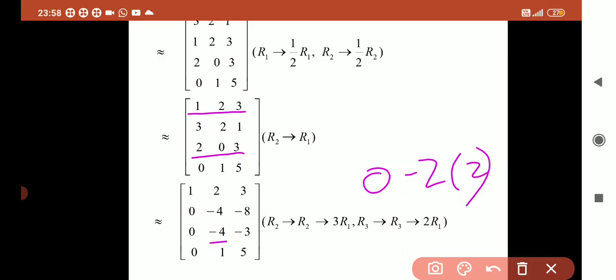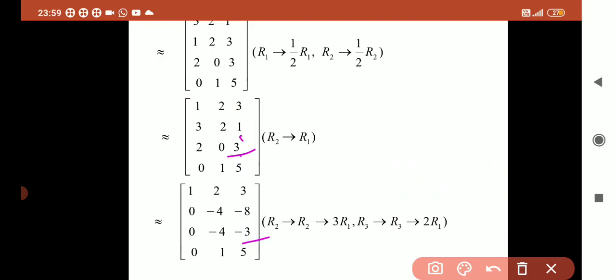The last element is 3 minus 2 times 3, which is 3 minus 6, that is minus 3. The last row we keep as it is, because it already has 0 in the first place and there is no need to simplify it.